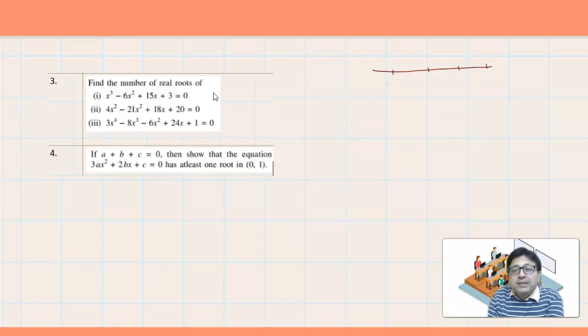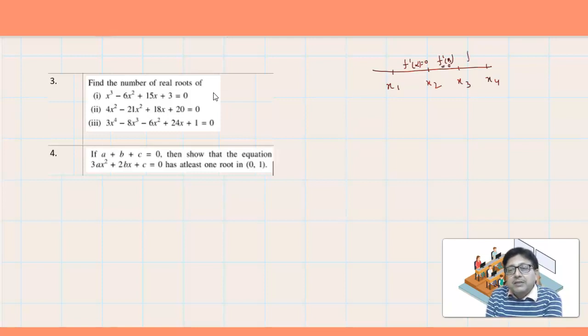So if these are the roots of the polynomial f(x) = 0, then there is a root alpha of f'(x) in between these two. f'(alpha) will be 0. With the second root beta, f'(beta) will be 0.